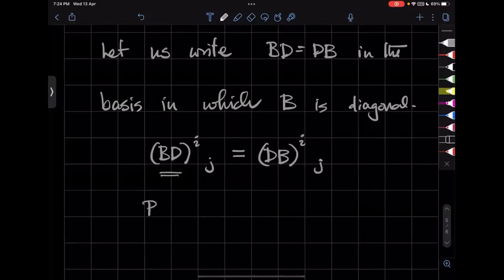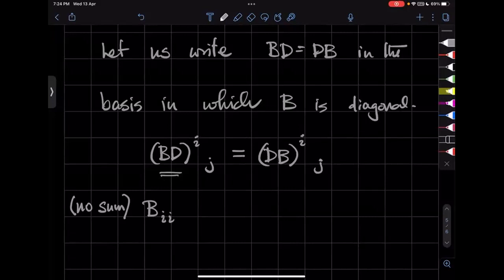So the only non-zero components that B has are going to be of the form B_II, and there is no sum over I. There's no sum over anything.